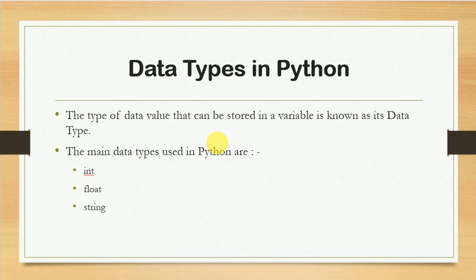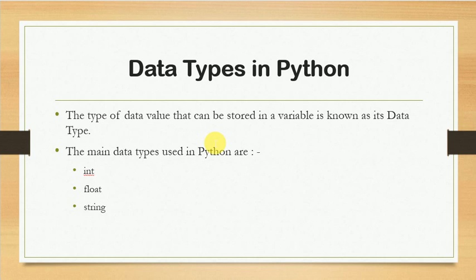In real life, there are so many types of data, like a name in character format, that is called a string. Roll number, that is an integer number. Your percentage, that's a decimal value, like 45.75, 95.85, that is a float.